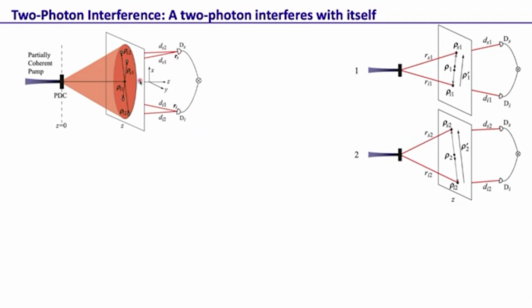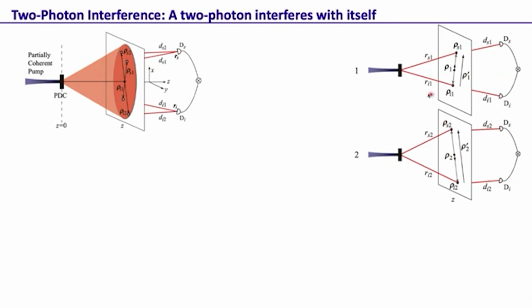In the first alternative, the signal photon goes through rho S1 and the idler photon goes through rho I1, and in the second alternative, the signal photon goes through rho S2 and the idler photon goes through rho I2. So these are the 2 alternatives that these 2 photons take in order to reach these detectors.